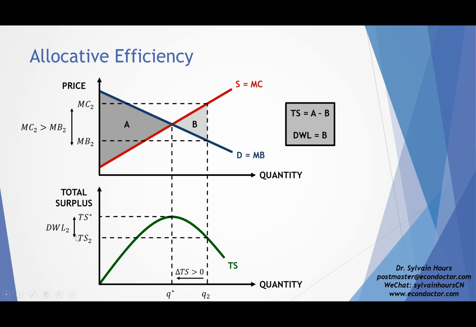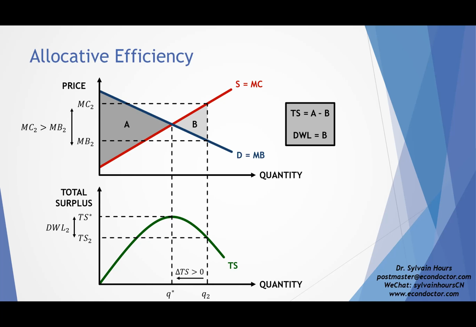And again, the difference is the dead weight loss that occurs in this market. What should I do to increase total surplus? I should move in this direction. I should produce less.